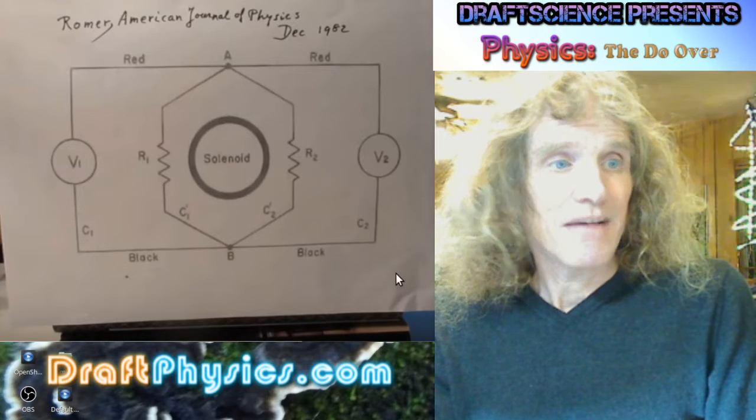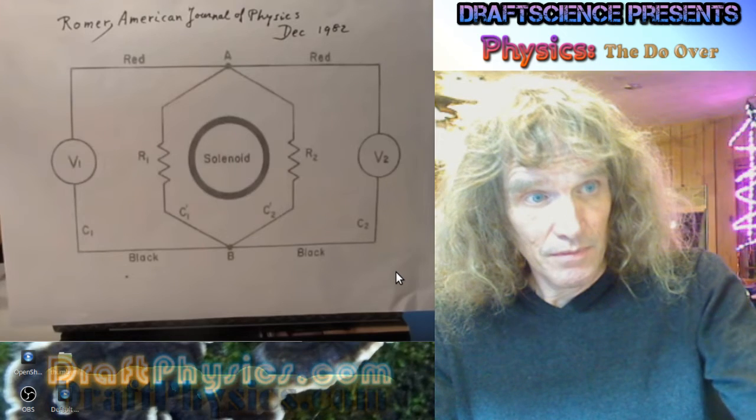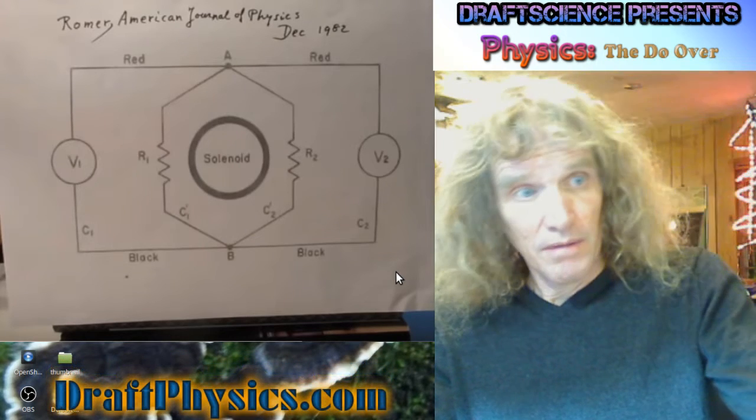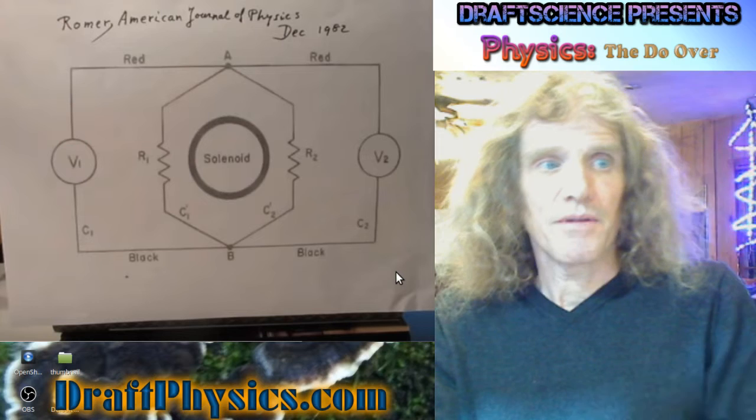So the battery would essentially be the original Lewin drawing. It would be in the bottom of those two resistors.